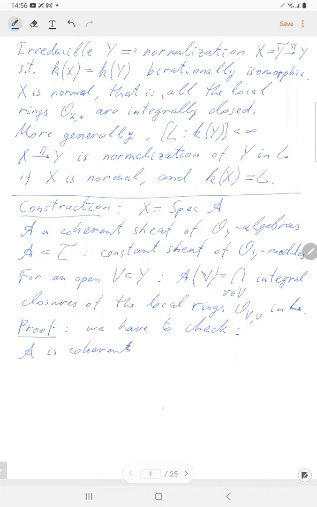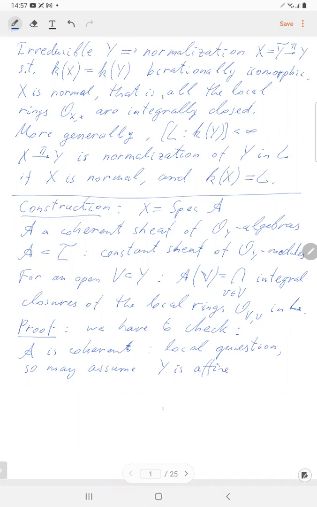It's clearly a sheaf of algebras, and there's a local question. So we may assume that our Y is affine. And in fact, you see that all the other questions are local as well. So for everything here, you can assume that Y is affine, and we do assume that Y is affine.